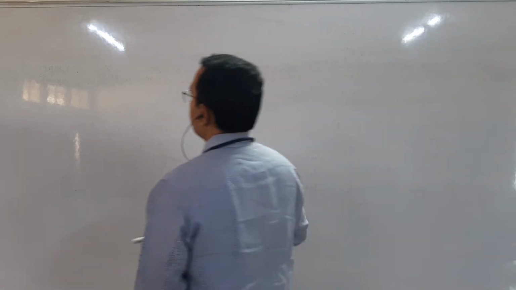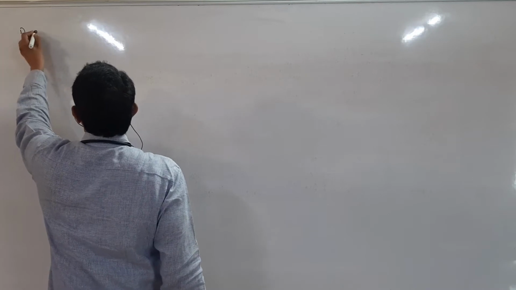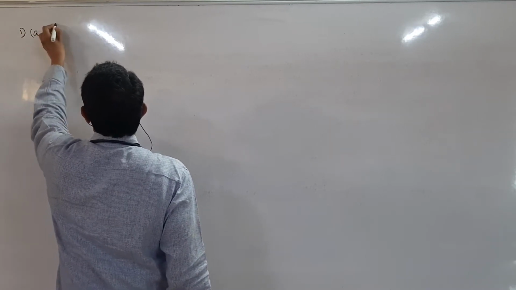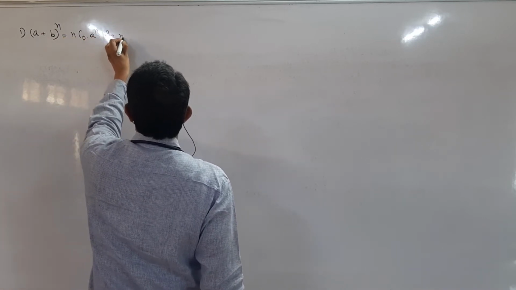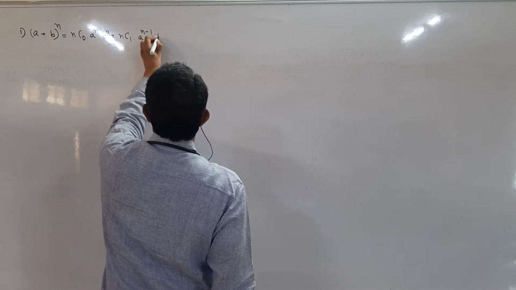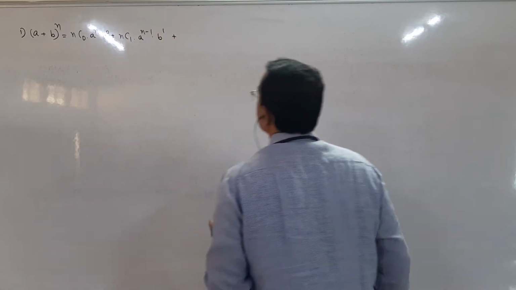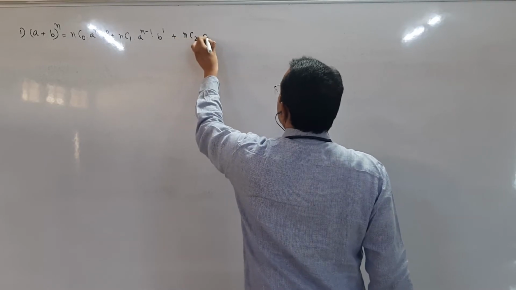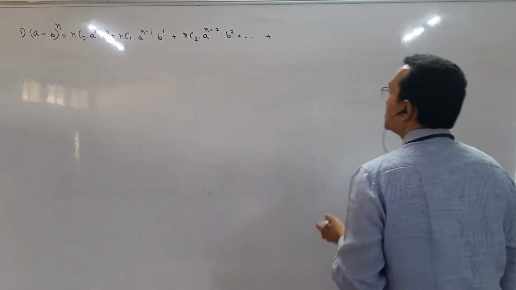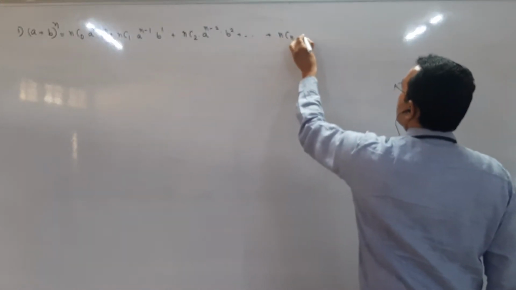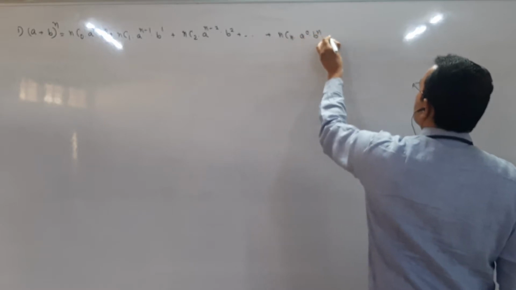Now what is the sum? In the expansion of (a + b)^n, the first three terms are given, then find the values of a, b and n. So the first sum of Miscellaneous Exercise 8, expansion of (a + b)^n: nC0 a^n b^0, nC1 a^(n-1) b^1, plus nC2 a^(n-2) b^2, up to the last term nCn a^0 b^n.